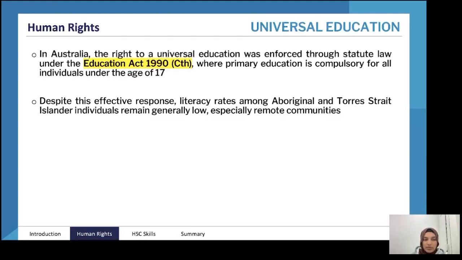Despite this effective response, literacy rates amongst Aboriginal and Torres Strait Islander individuals remain low, especially in remote communities. So there is still a gap in the system to ensure that we can get the literacy rates up for everybody in Australia, including the Aboriginal and Torres Strait Islander people.